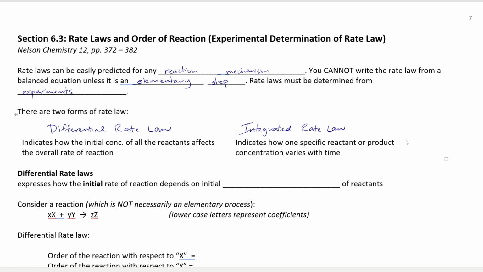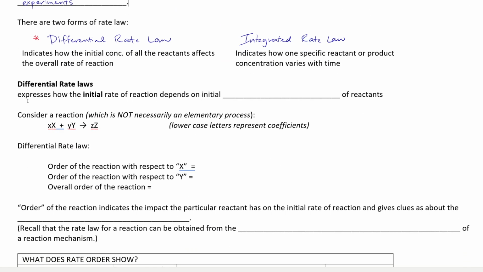The integrated rate law indicates how one specific reactant or product concentration varies with time. We will only be studying in this course the differential rate law. Differential rate laws express how the initial rate of reaction depends on the initial concentration of reactants.